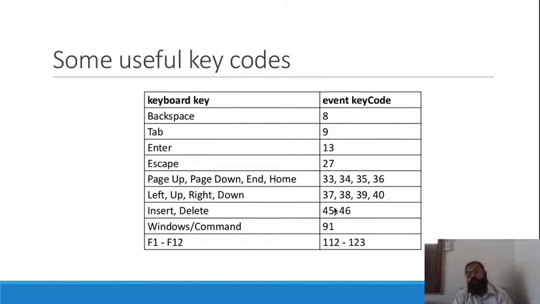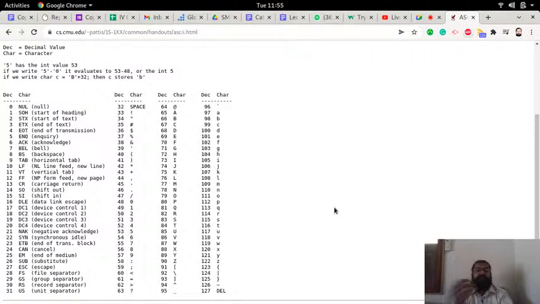The keys F1 to F12 have the codes 112 for F1 and 113 for F2, and so on. F12 has 123. Insert has the code 45, and delete has the code 46.